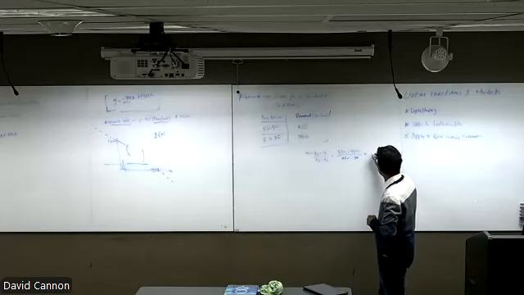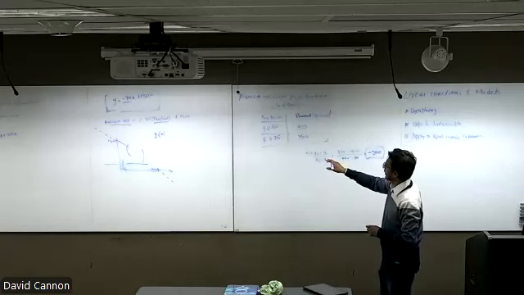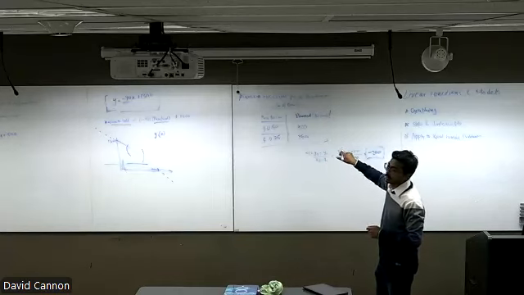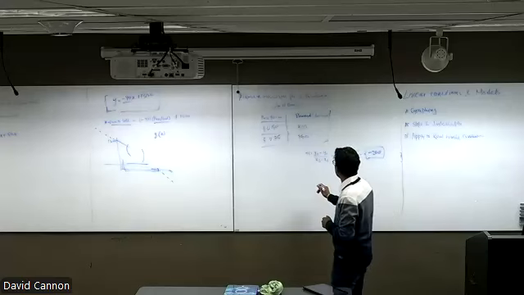Minus 200. Well done. So this is our slope. A negative slope says that if you increase the price, your demand is going to go down.